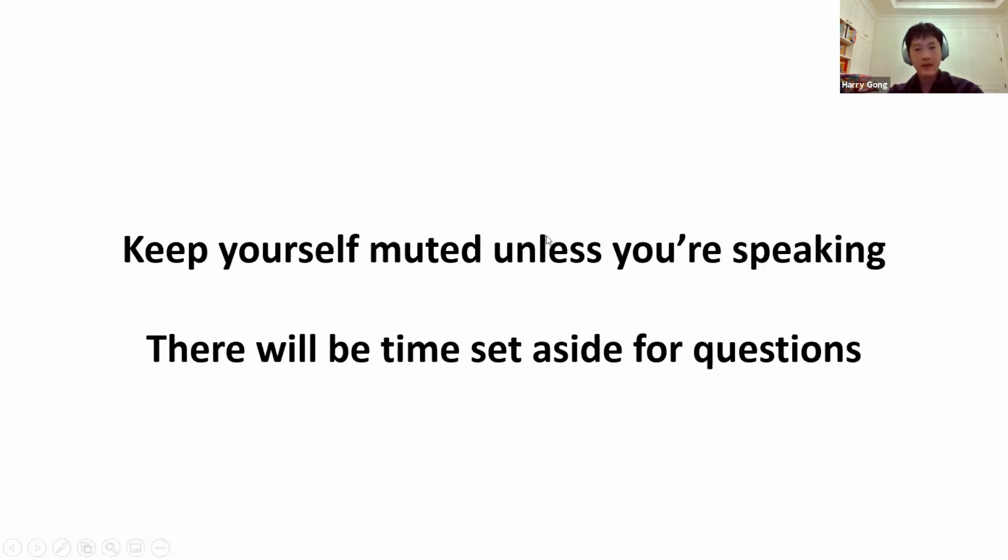There will also be time slots in the class where I will give you time to ask those questions directly out loud. You can either type your questions in the chat or ask them in the question time.